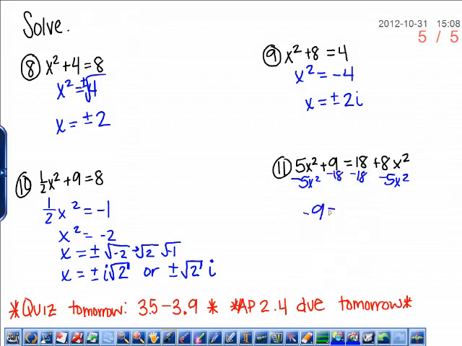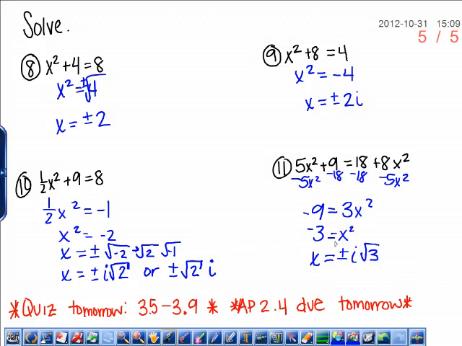So this is negative 9 equals negative 3, or sorry, positive 3, x squared. Then what? Divide by 3, so I get negative 3 equals x squared, which gives me what? Good, plus or minus i root 3. Okay?